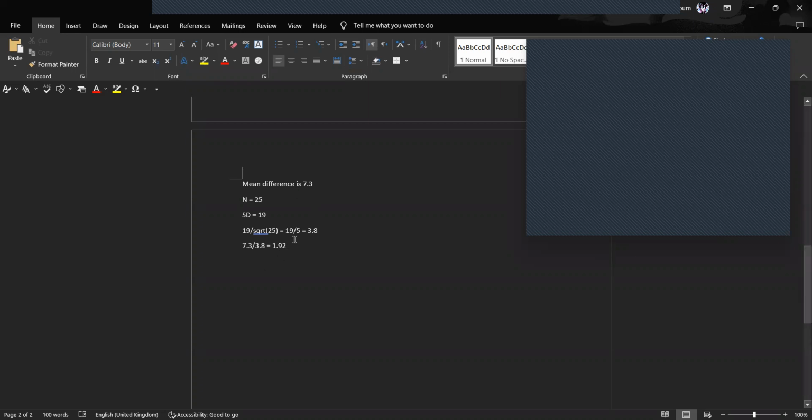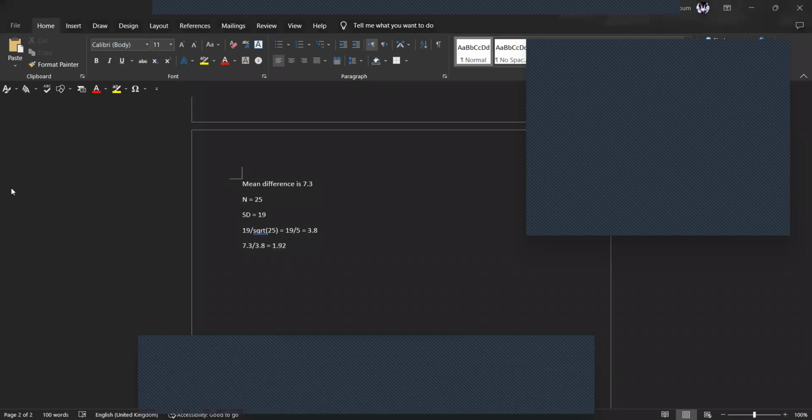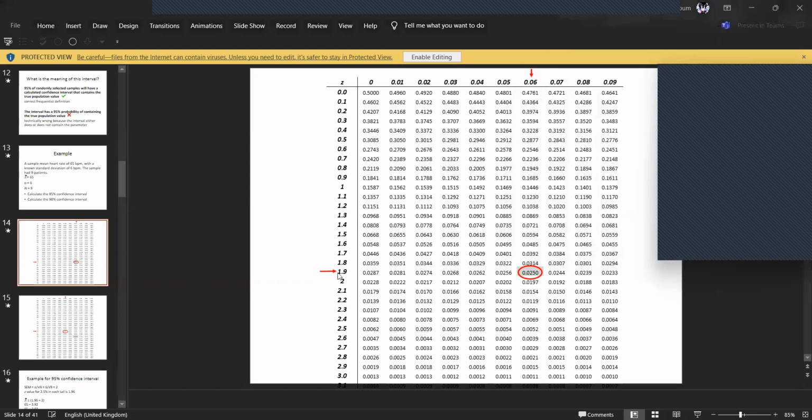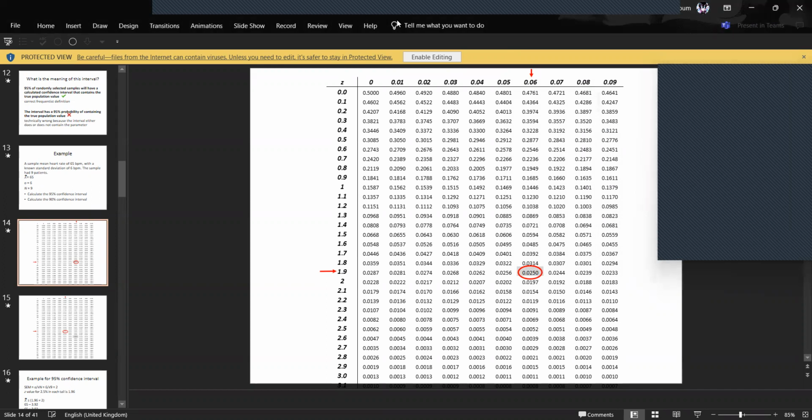So what we can do is go to the Z table and find what 1.92 means. Luckily, we do have a Z table in this PowerPoint. So we have 1.92 as our Z value. We go to 1.9 on the side, and then to get to 1.92, you look at the other axis.